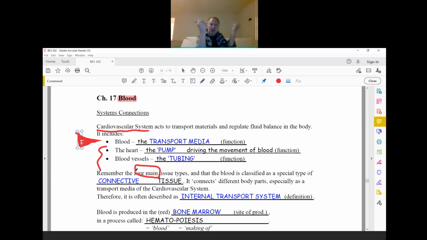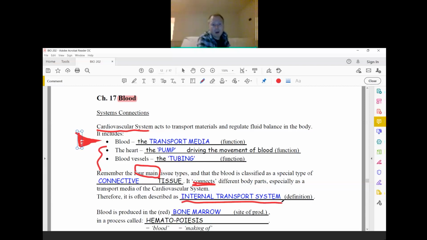Although it doesn't physically form this tight connection that we're used to seeing, what instead happens is that it connects different body parts to one another by transporting materials. So keep that in mind. And really, if you want to give a description, what does blood do? Blood is part of our internal transport system in the body.